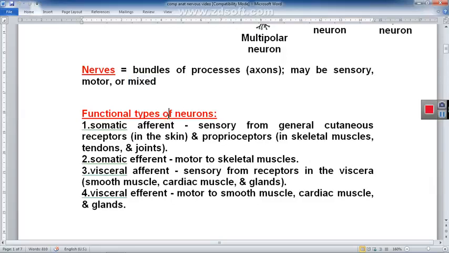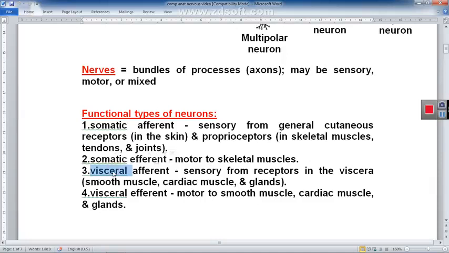According to the physiological function, nerve cells or neurons could be classified into four types. If the nerve cell is related to transmitting impulses to or from a viscus, for example the stomach, heart, or lung, this is a viscera, so it is called a visceral nerve or neuron.